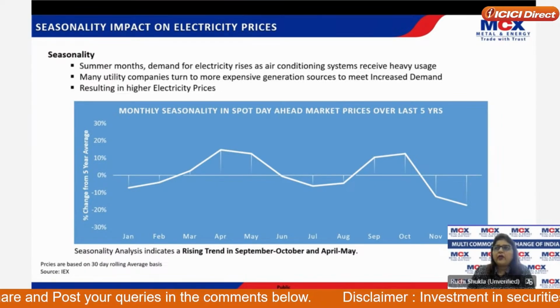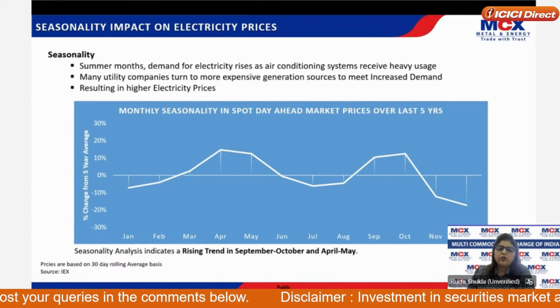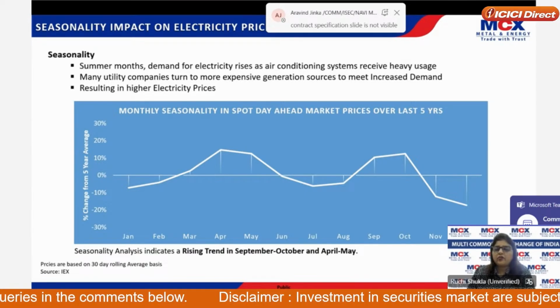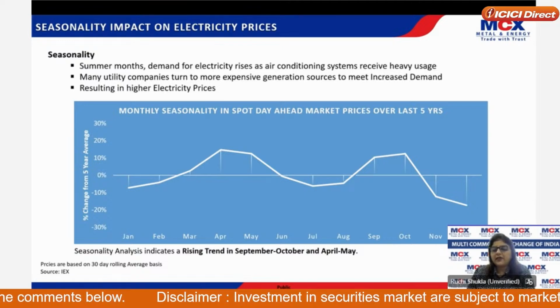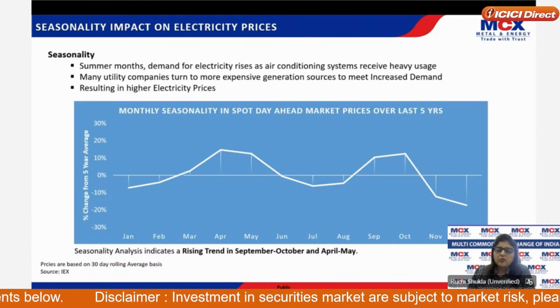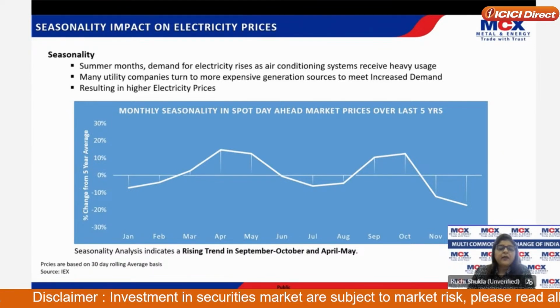If we consider an average price of around 4,500, the contract size is just 2,25,000, a smaller contract size for all the participants to participate easily. Tick size is rupees 1 per megawatt hour, so the bids and offers come in multiples of 1.